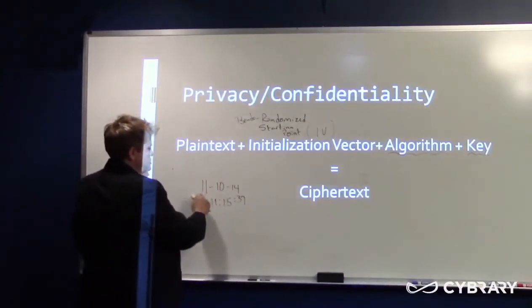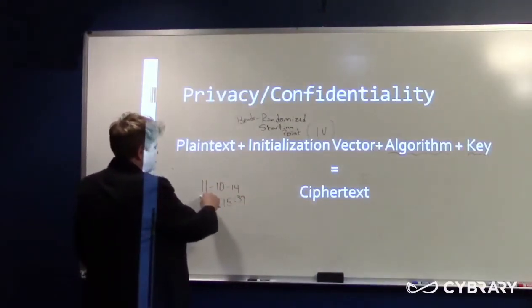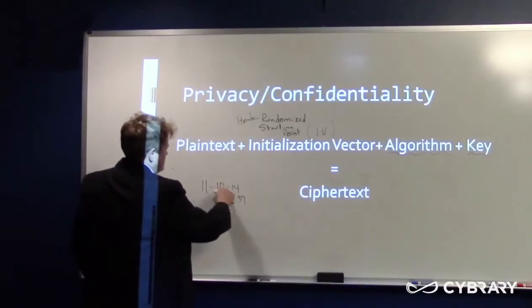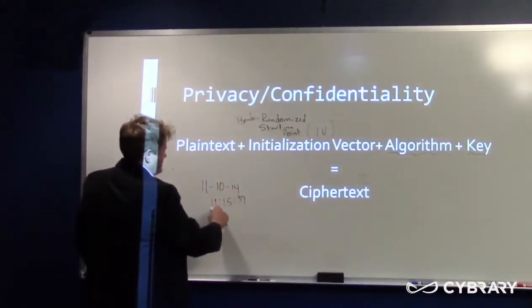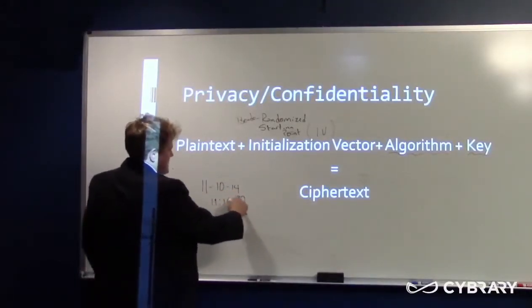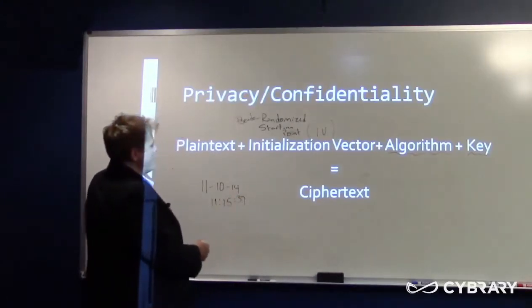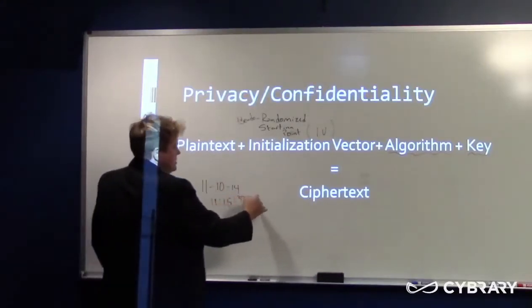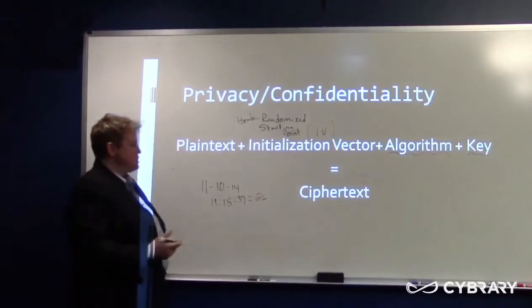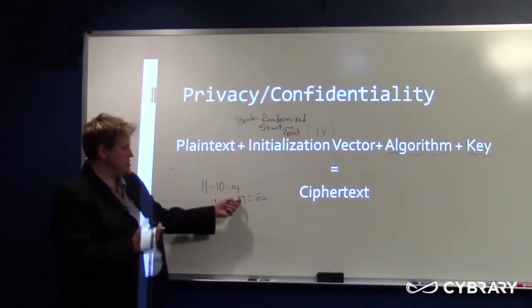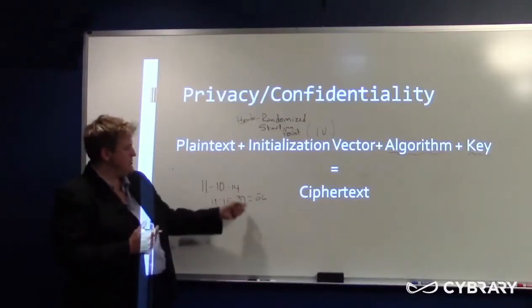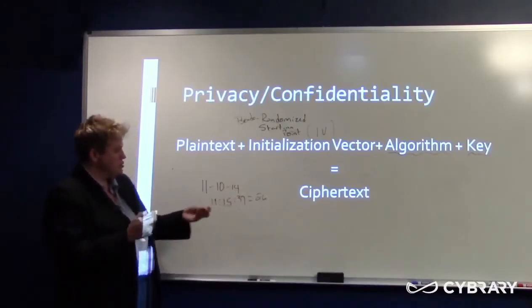Maybe these numbers are added up. 1 plus 1 is 2, plus 3, so that's 3, 4, 8, 9, 10, 11, 16, 19, 26. So this is a number that's going to change, because if we go back and ask what the initialization vector is next, these values will change because the time will change.